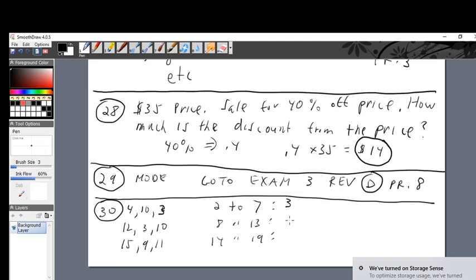You'll see there are 5 of them. Let me get that out of the way. And then, how many are between 14 and 19? Well, there's only one, actually, 15. So let's add these up. 3 and 5 is 8, and 1 is 9. There's a total of 9 here, so it's working out. As far as I can tell, these all should be correct. So our answers are right over here, and this problem, number 30, is done.